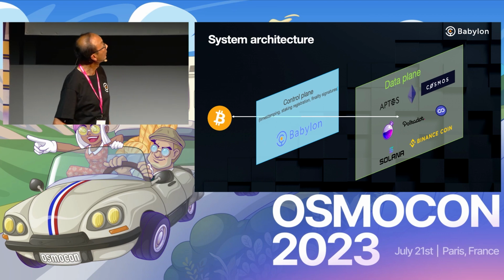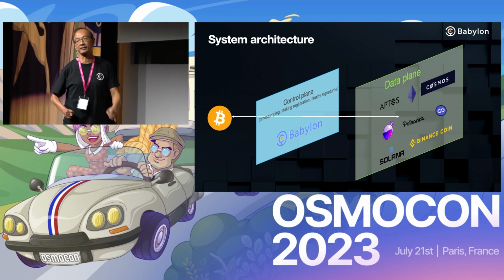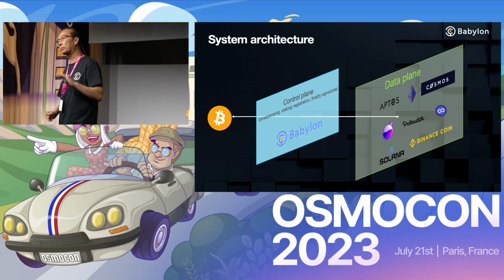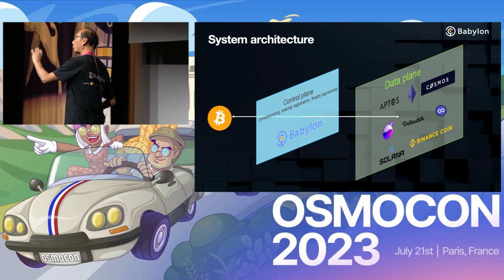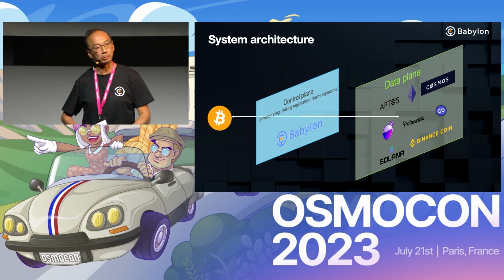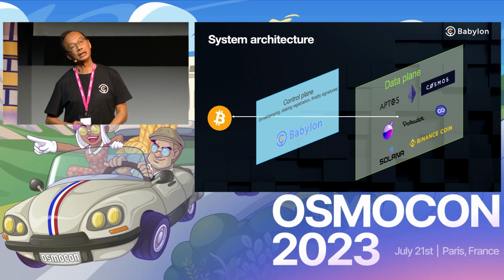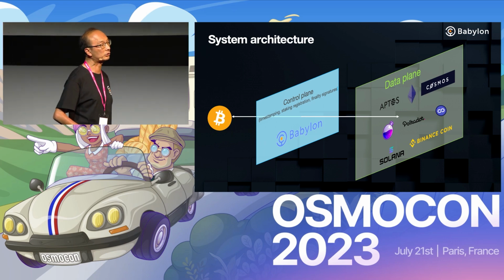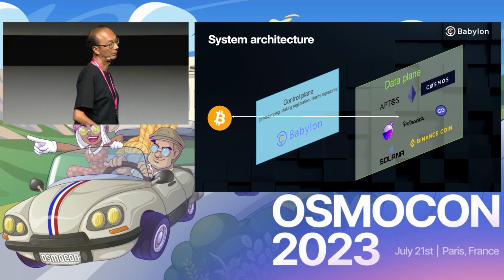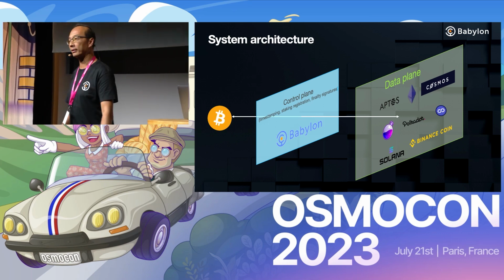Babylon is running a chain that acts as a control plane that helps to coordinate between the proof-of-stake chains and Bitcoin. For example, timestamping is a very important coordination mechanism, and Babylon will be doing the timestamping just like in our current testnet. So that is the architecture that we've been thinking about.